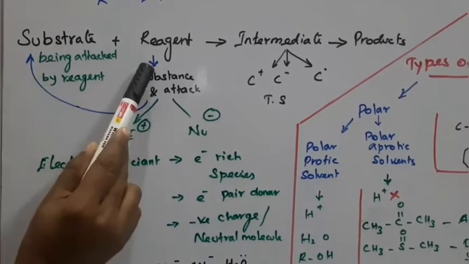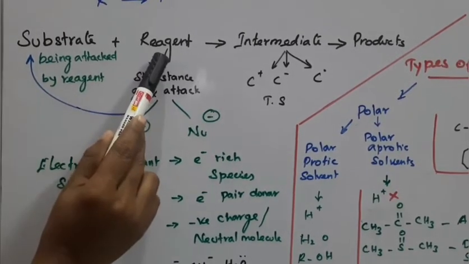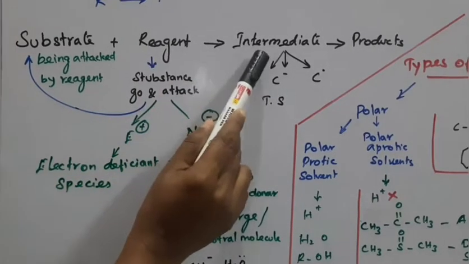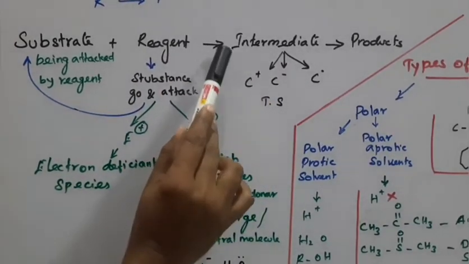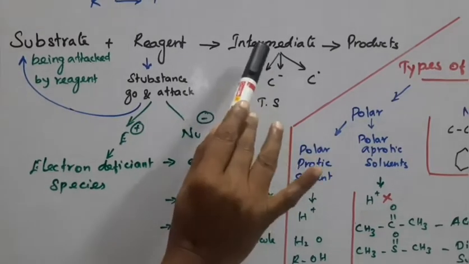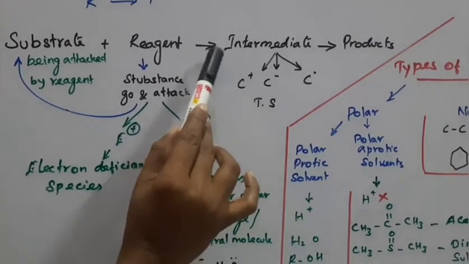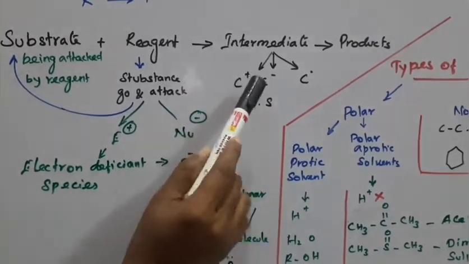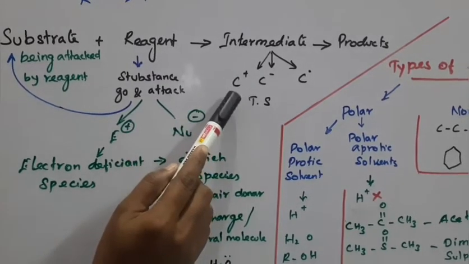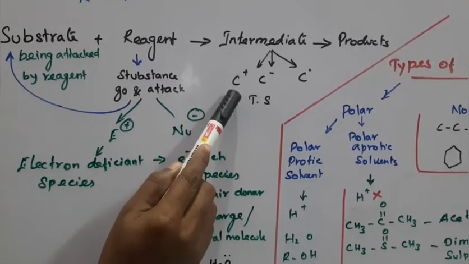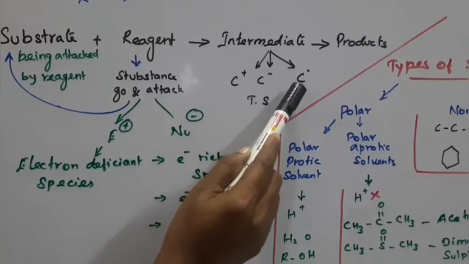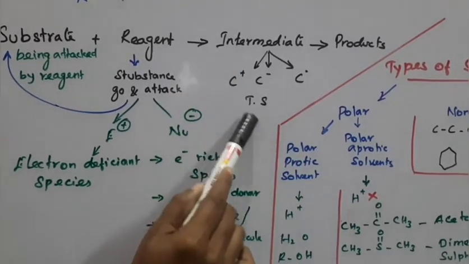These two, substrate plus reagent, produce an intermediate. First of all, we cannot get the whole product; first we get the intermediate. The intermediate would be a carbocation, carbanion, or carbon free radical in the transition state.